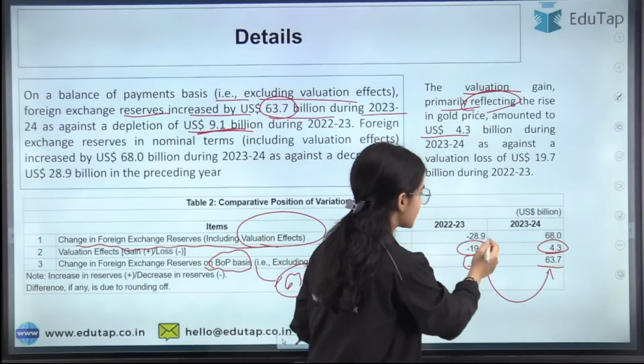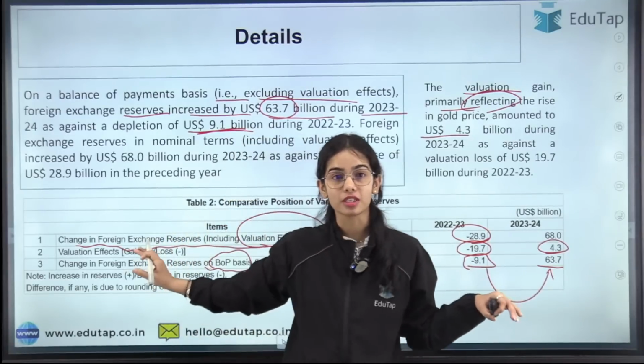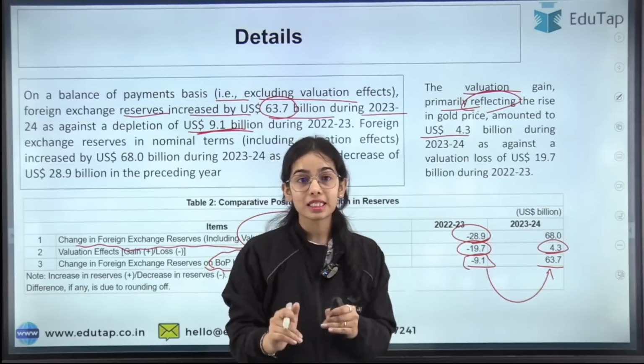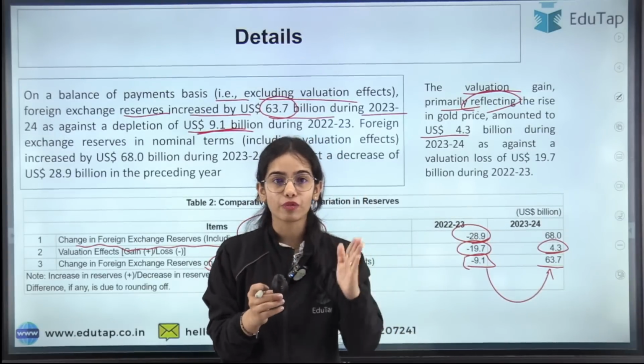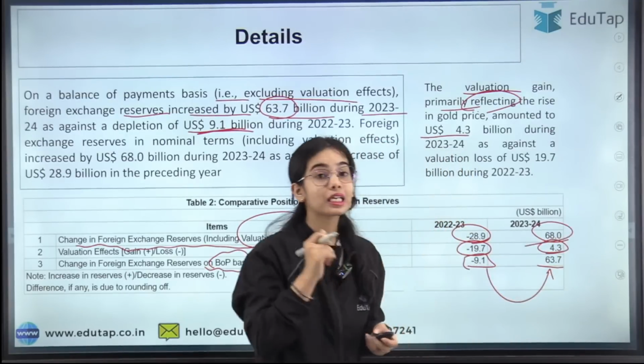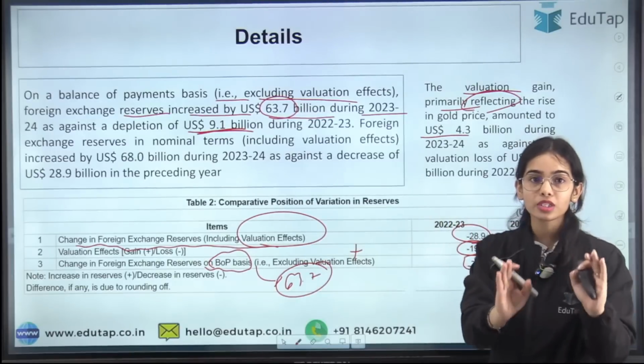Okay. Now next, in total, in the previous year, the foreign exchange reserves had depleted by $28.9 billion. But in this financial year of 2023-24, the foreign exchange reserves increased by $68 billion. Is it clear?